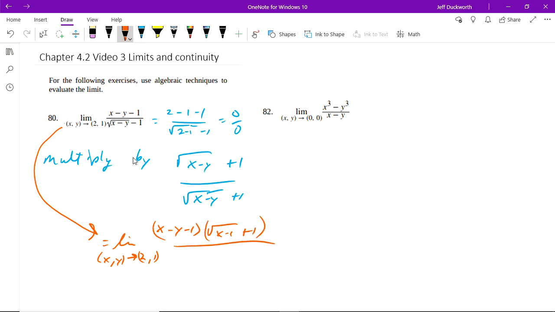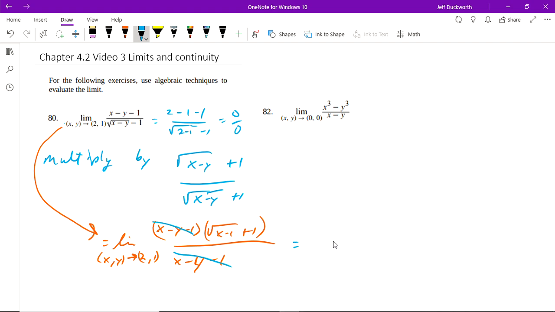And when I multiply this in the denominator, I get x minus y, and then the root x minus y's cancel out. So root x minus y squared gives us just x minus y, not 1. And then when I multiply the 1 times the negative 1, I get minus 1. So that's what we get in the denominator, which allows me to neatly cancel these.